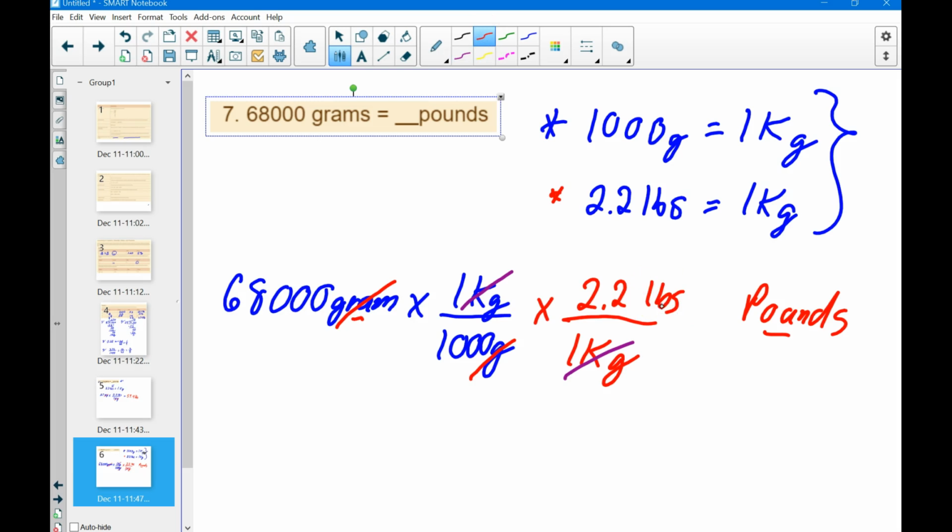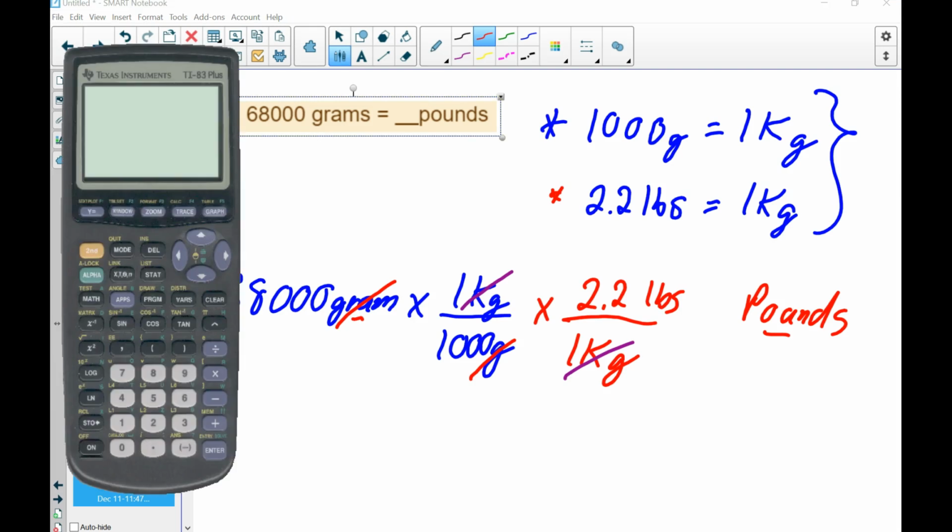And now for the math part: the big numbers on the bottom, divide; the big numbers on the top, multiply. So all I have to do is take this 68,000, divide by 1,000, multiply by 2.2, and you get 149 pounds.